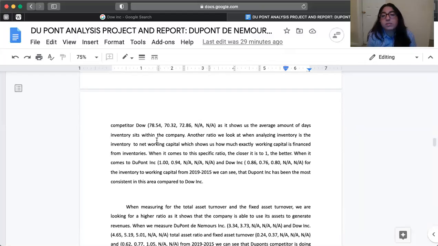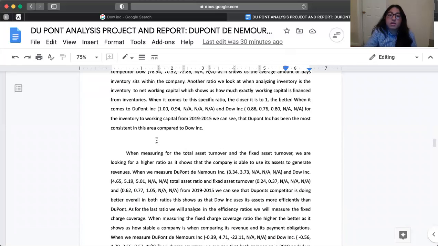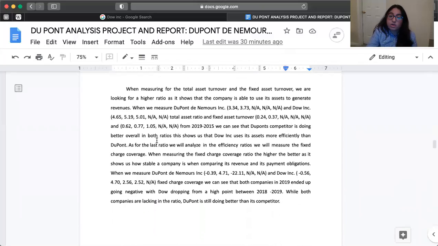When it comes to this specific ratio, the closer it is to 1, the better. For DuPont Incorporated and Dow Incorporated, for the inventory to working capital from the year 2015 to 2019, we see that DuPont has been consistent in that area compared to its competitor Dow.